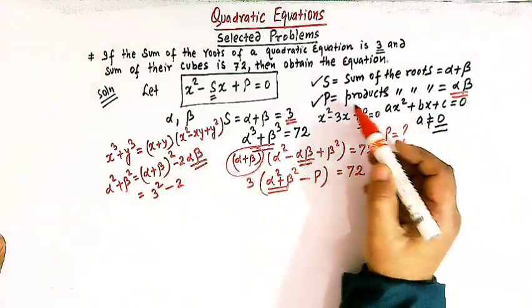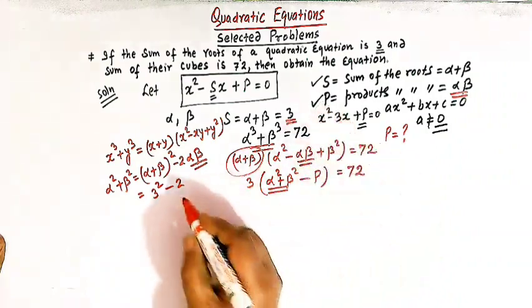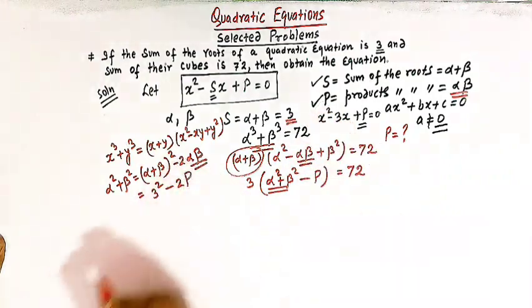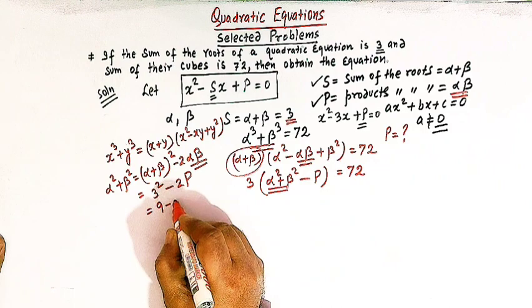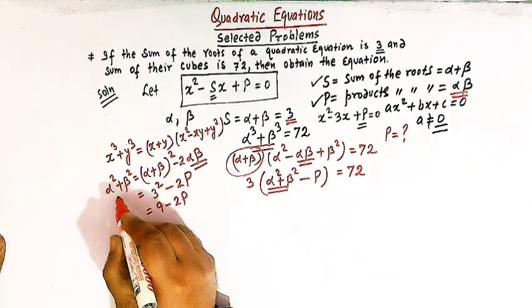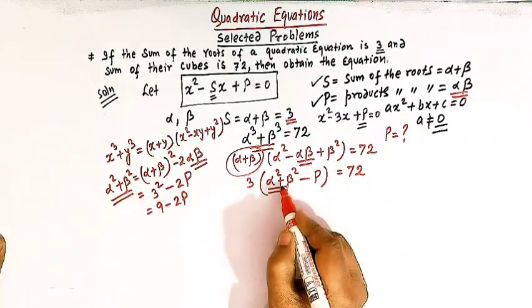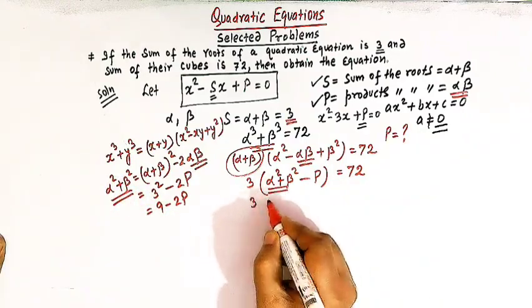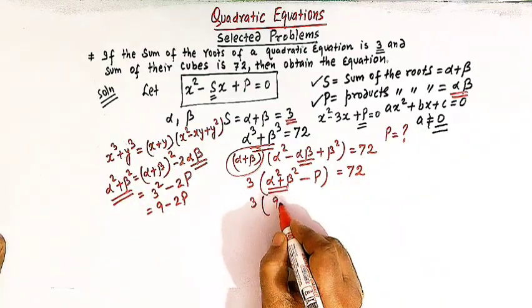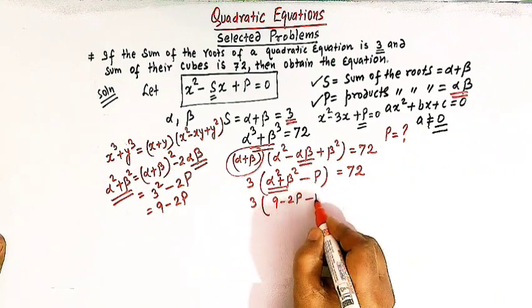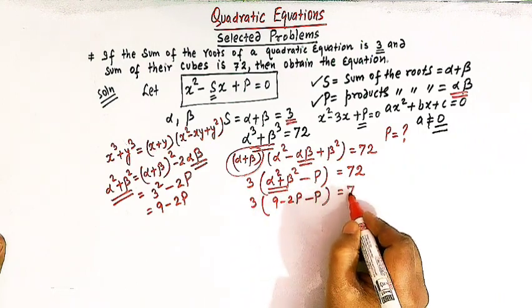Alpha beta is our product of roots, so here we have p, right? So this is 9 - 2p. Let us substitute the value of alpha² + beta² over here. So we have 3 times (9 - 2p - p) = 72.